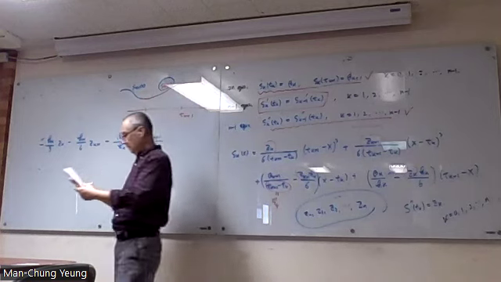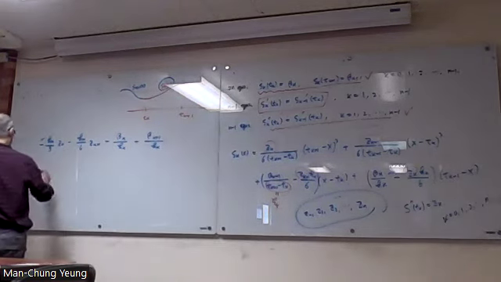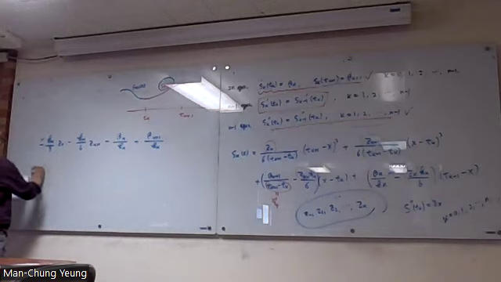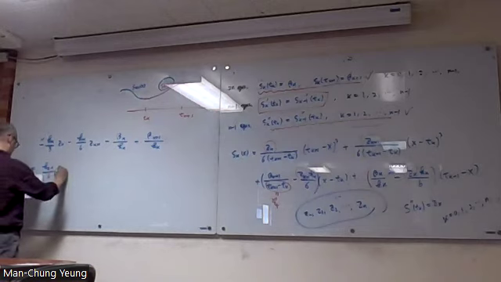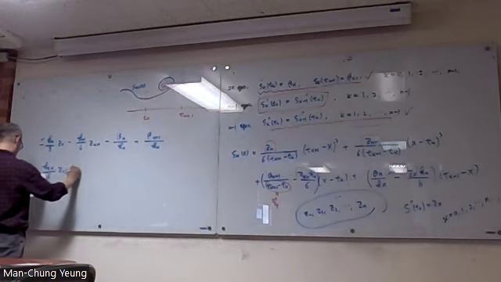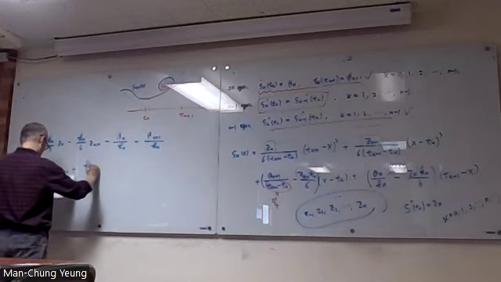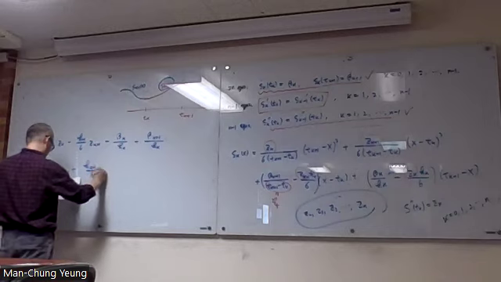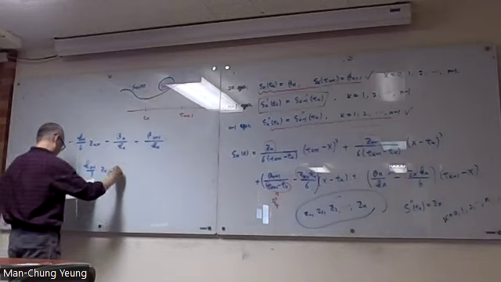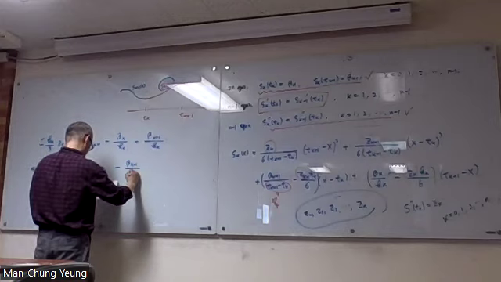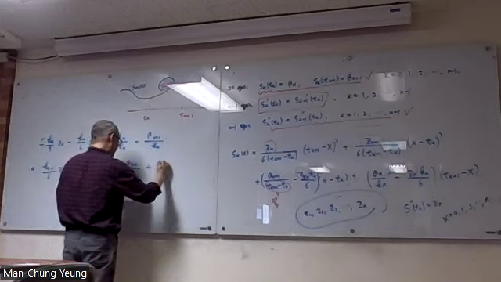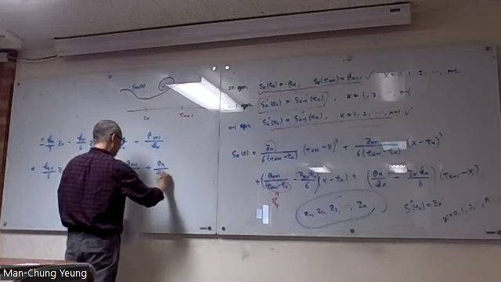Plug in tk. So it's equal to hk ck minus 1 plus hk minus 1 ck minus beta k minus 1 hk minus 1 beta k. Tedious.